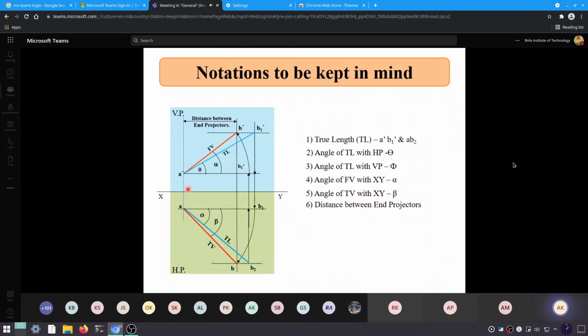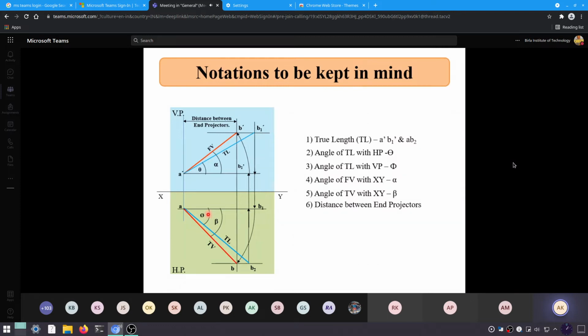The angle of true length with the XY axis in front view is theta, and the angle of true length with XY in top view is phi.